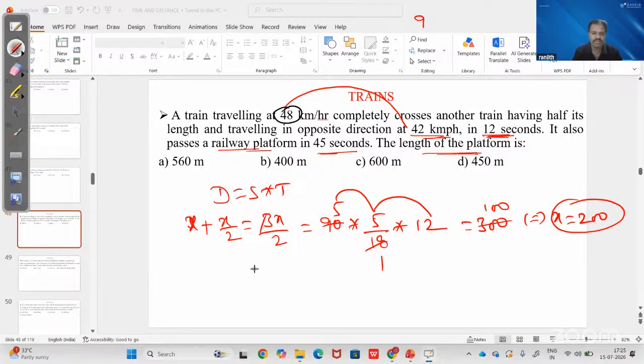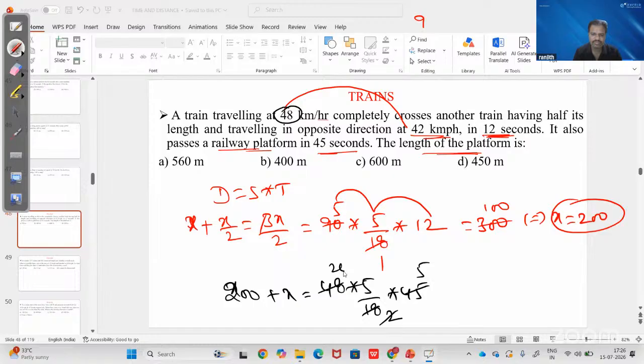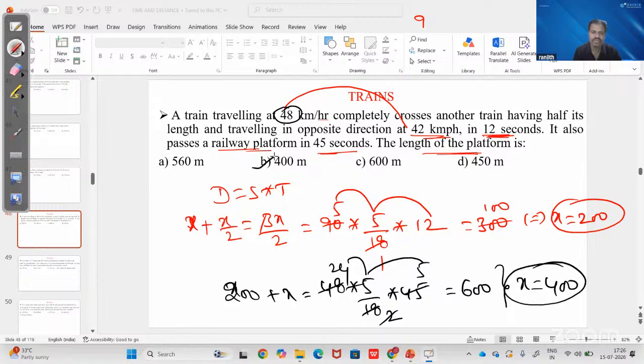Platform length we don't know, so that is 200 plus x is equal to the speed of the train, 48 into 5 by 18 into 45. 9 fives are 45, 9 twos are 18, 2 ones are 2, 24. 24 into 5 equals 120, 120 into 5 equals 600, where x equals 400. So length of the platform equals 400 meters.